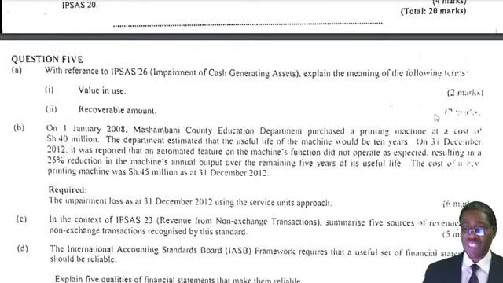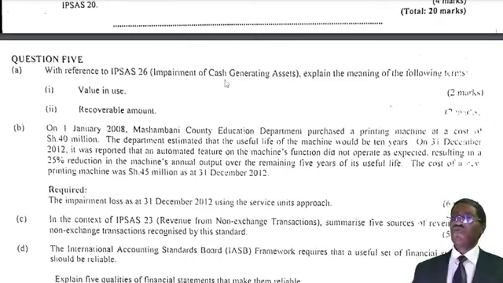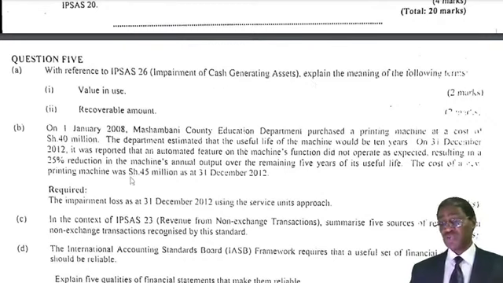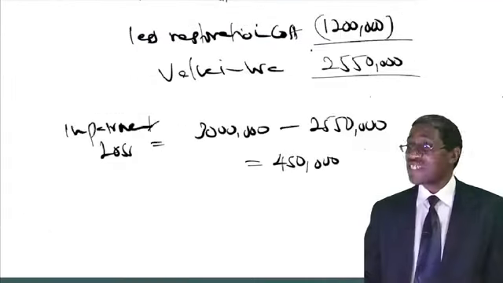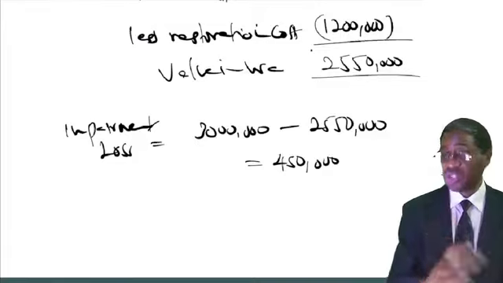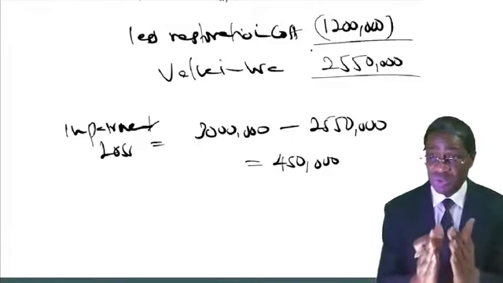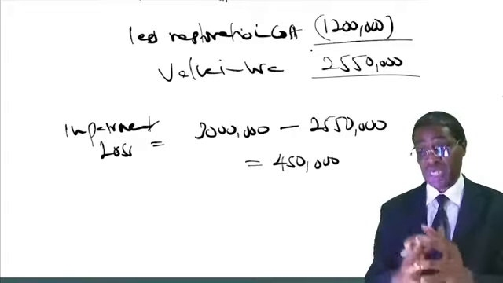You are given 2 marks for each, but don't forget, this time we are defining as per IPSAS number 26 for cash generating assets. What is the value in use? Remember, this time the assets can generate cash flows. So what is the value in use when you are told to define? It is the present value of the estimated future cash flows.